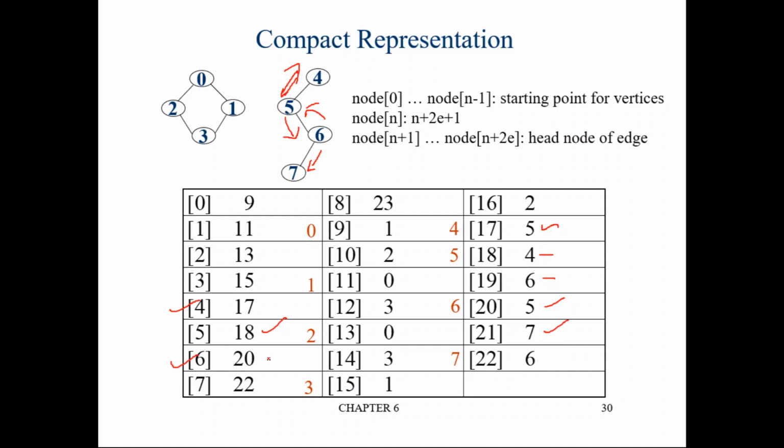So the edge detail of vertex 6 is available from 20, 2 locations, 20 and 21. So the edge detail of vertex 7 will be available in which location? Sorry, 22, right? And vertex 7 contains how many edges? Only one edge, that is to 6. So that will be kept here.